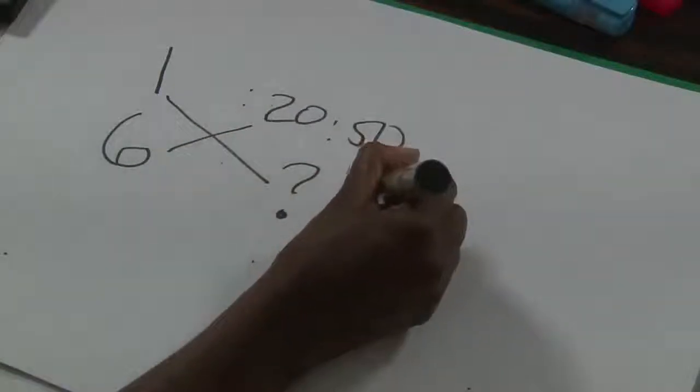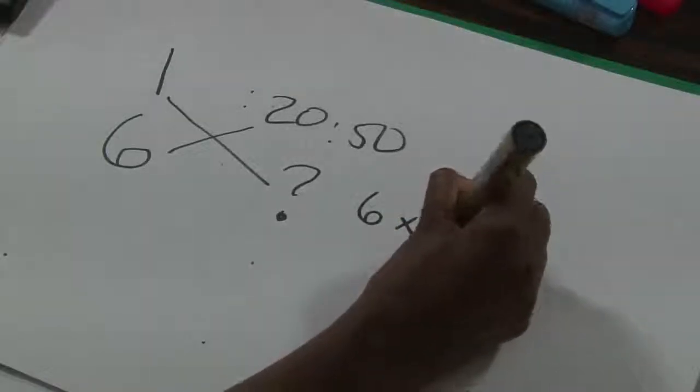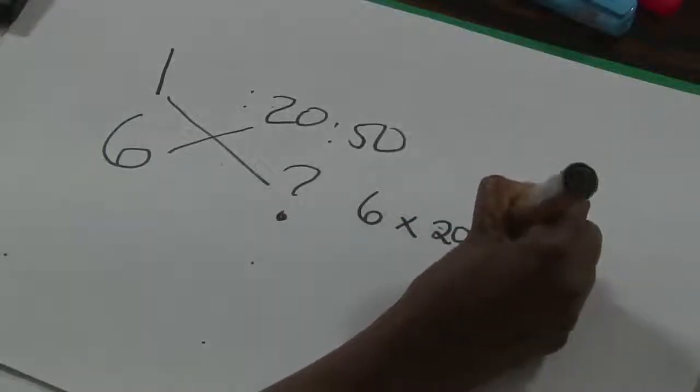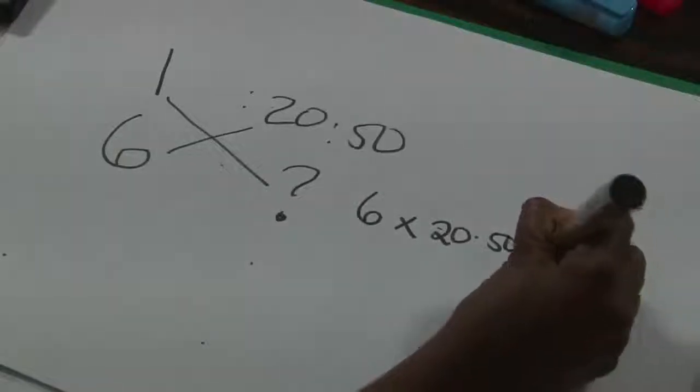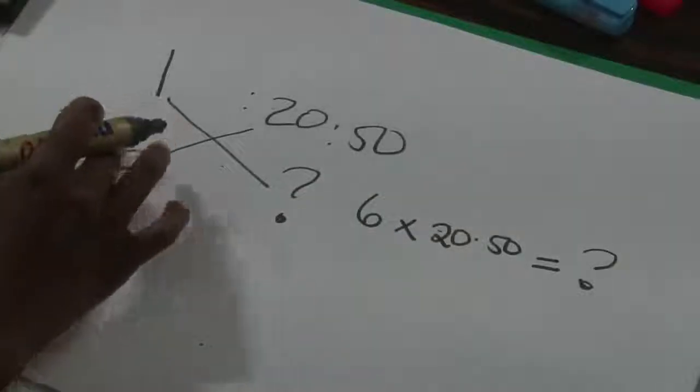Cross multiplication: you get your 6, you multiply it by how much each costs, and then you get how much money you need if you want to buy all 6.